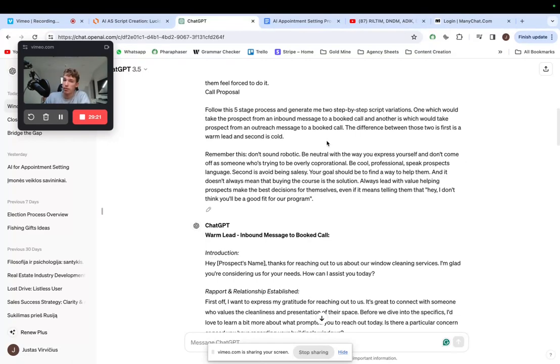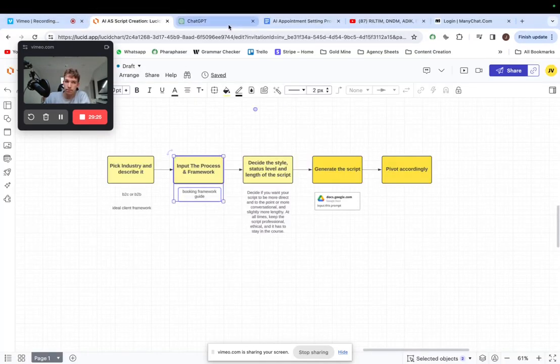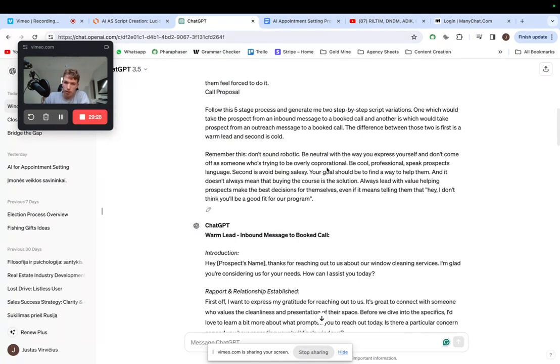And then I give more info about the style, which is: don't sound robotic. Your goal should be to find a way to help them, be cool, professional, speak the prospect's language, and always lead with value. Just standard information that you need to give it, because otherwise it's going to be bad.